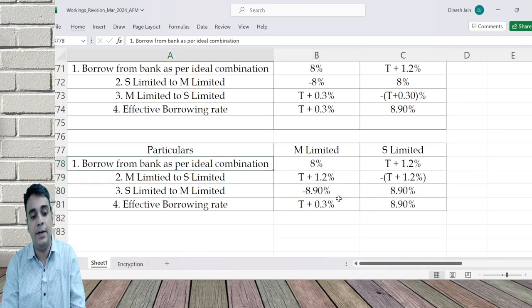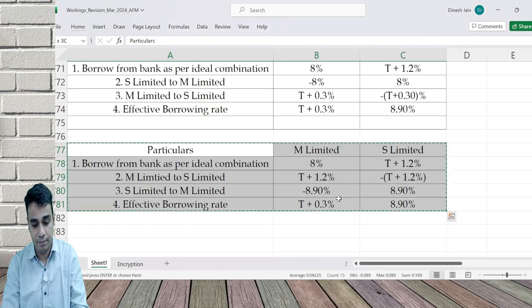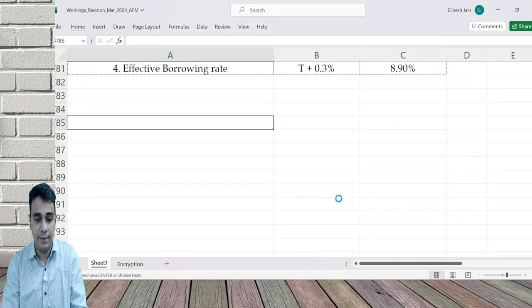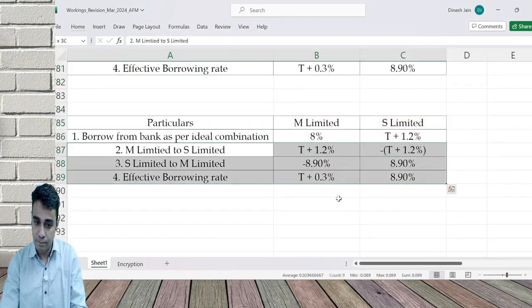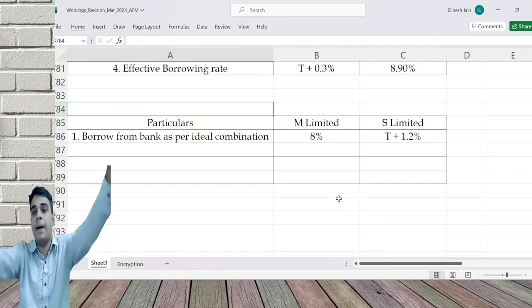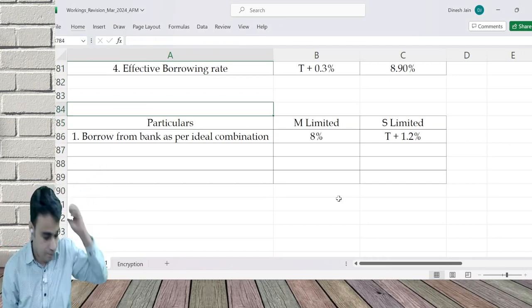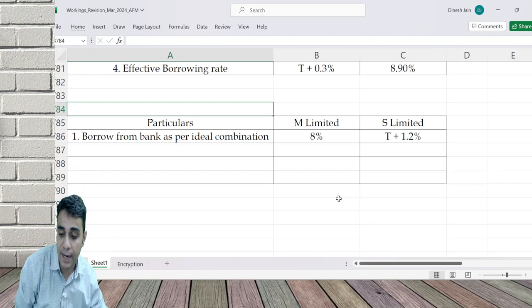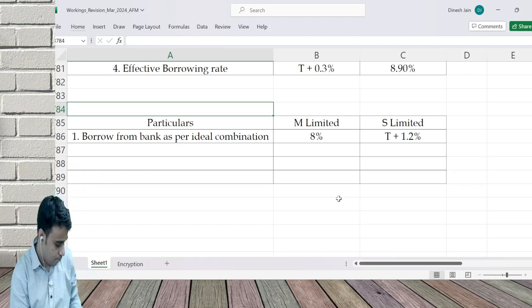Now I bring an intermediary. Now write particulars: M Limited, S Limited. Borrow from bank as per ideal combination remains.